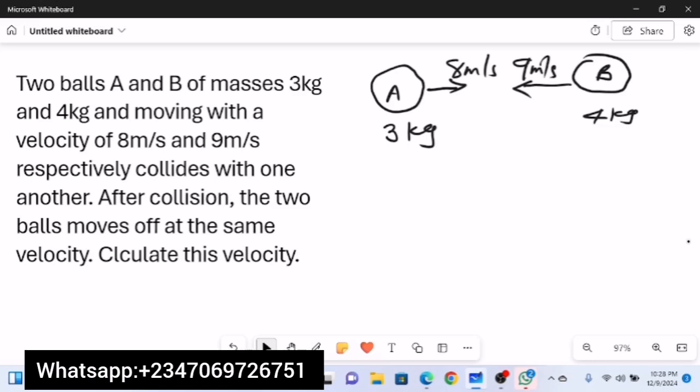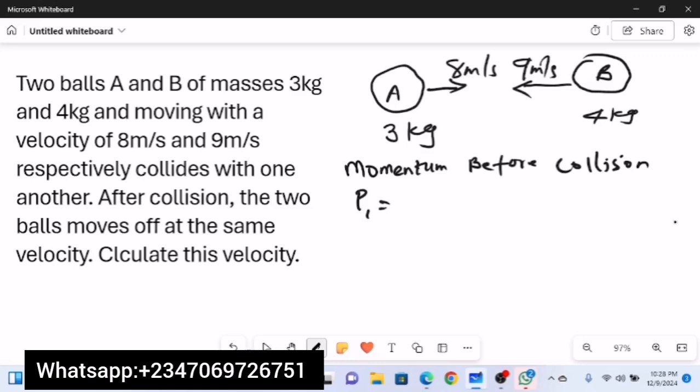Alright, so the first thing to do is to find the total momentum before collision. Let's simply call that P1. That becomes the sum of the momentum of the two objects.